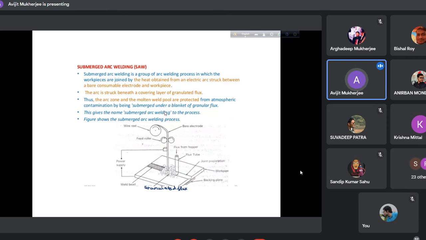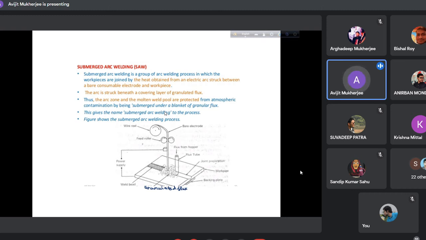Now, another interesting one. We have mentioned arc welding. We have also mentioned metal inert gas welding, where an inert gas envelope is created to protect the weld pool.